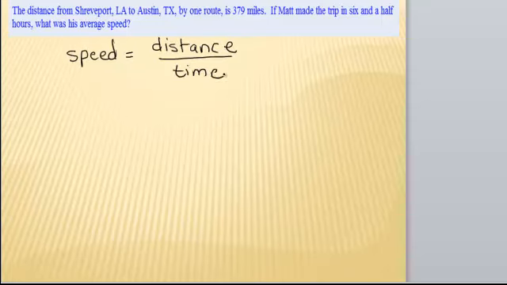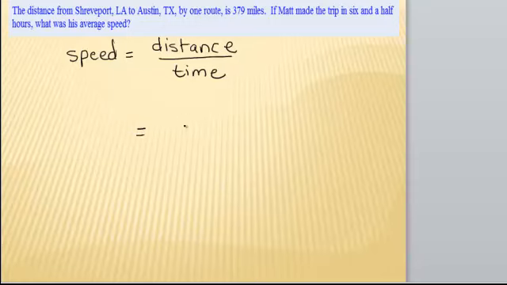Well, you know speed, or the rate, we'll just say speed in this case, is in miles per hour, right? So distance divided by time, miles per hour. So he went 379 miles in 6.5 hours.